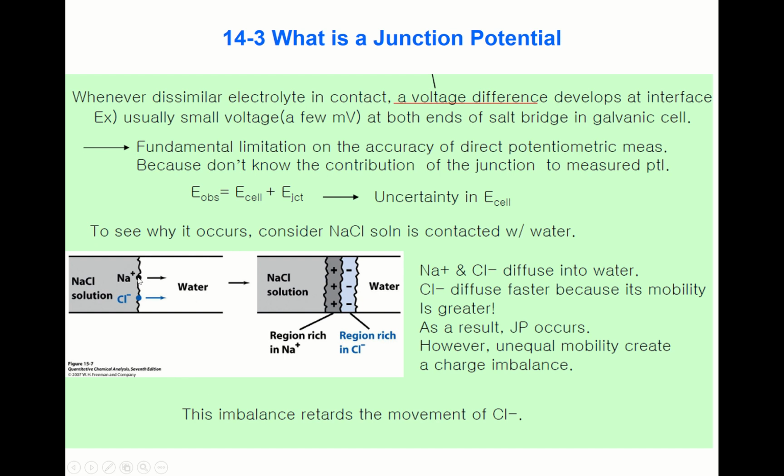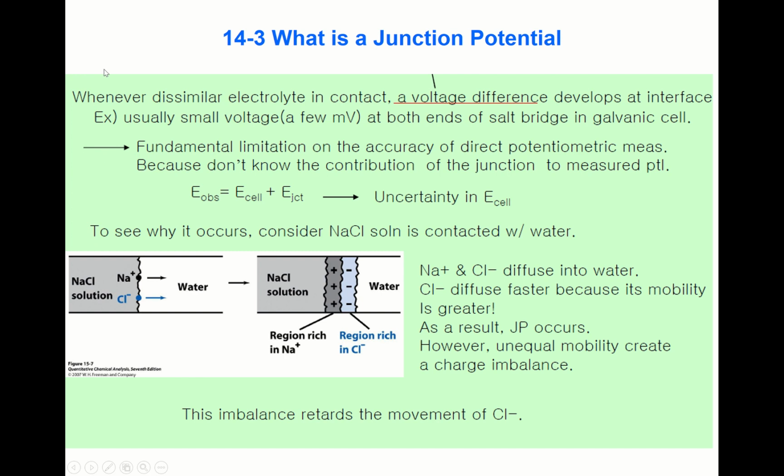Since two liquids are in contact, at this contact position a potential difference develops. That's the junction potential. This junction potential is theoretically calculable, but experimentally it cannot be measured. I'll explain shortly.